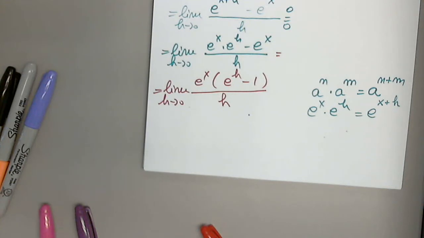Very good. Awesome. Ready? At this point, we're not equipped to find this limit algebraically or using calculus. But we have another way. So let's do it another way to see what that is.